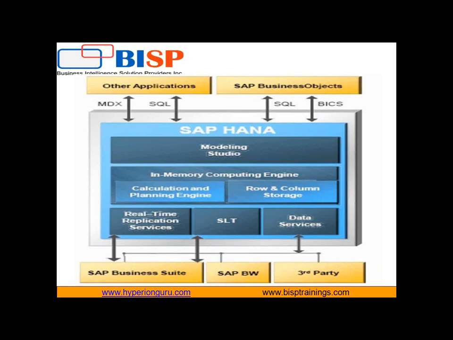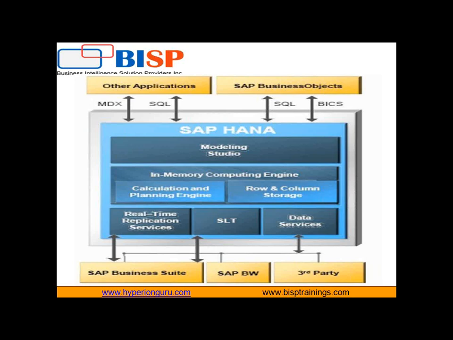And when we talk about the presentation layer, it's always about reporting. In reporting, we have different kinds of applications like Business Objects, and we can use Lumira, Tableau, and QlikView as reporting tools. For each of them, we have different kinds of connectivity.